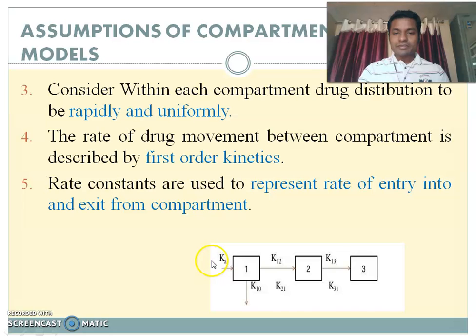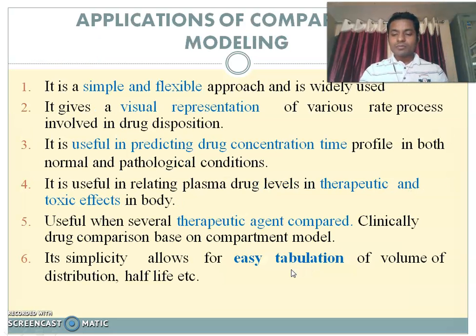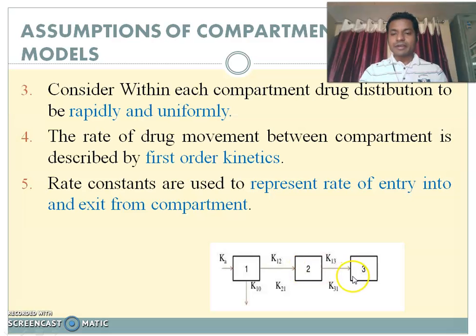In this figure you can see Ka, the absorption constant. Now the drug moves from compartment 1 to compartment 2, which is represented by K12. K12 represents the movement of molecules from compartment 1 to compartment 2, and similarly here, the movement of molecules from 1 to 3.